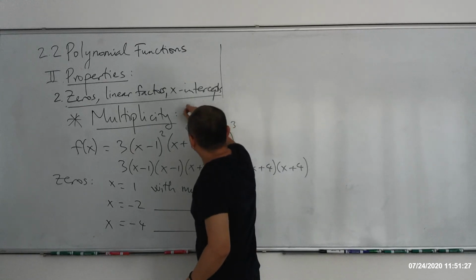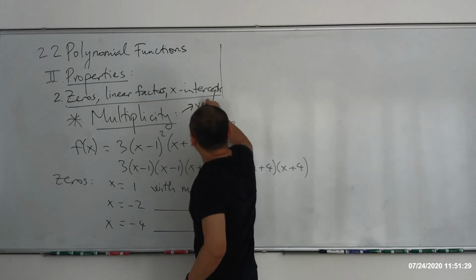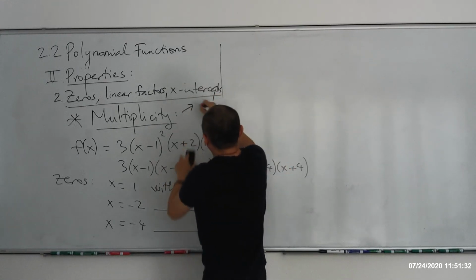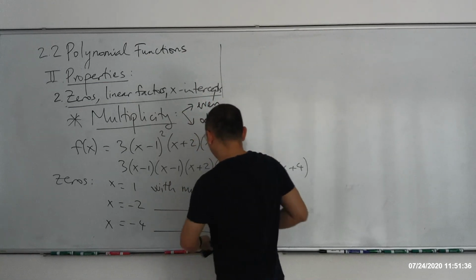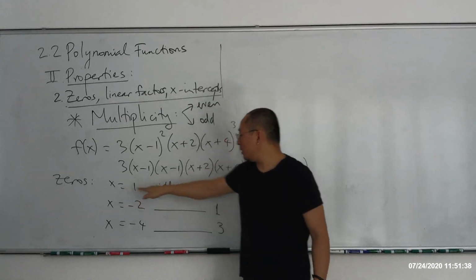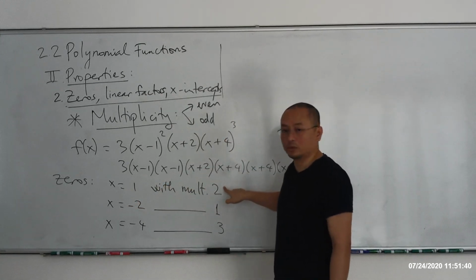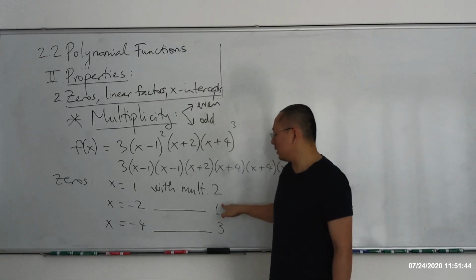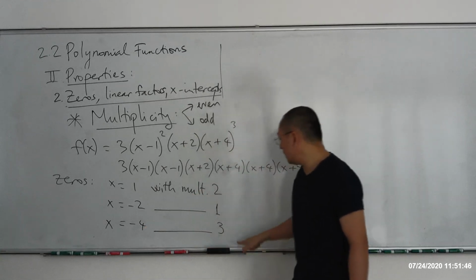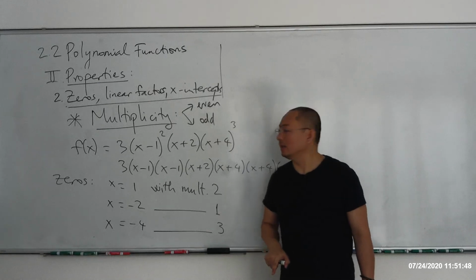Even multiplicity or odd multiplicity. So obviously x equal to 1 is even multiplicity, multiplicity 2. X equal to -2 is odd multiplicity 1. X equal to -4 is an odd multiplicity 3. Okay?